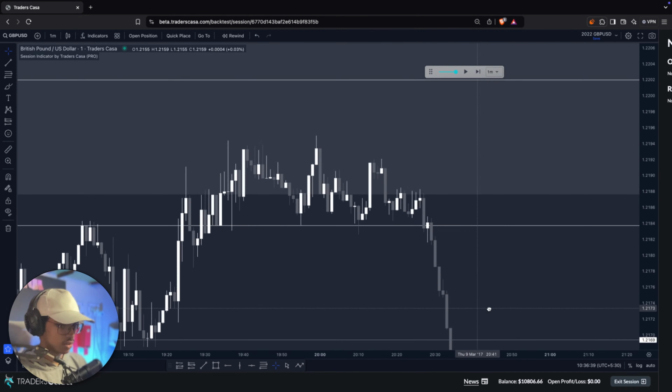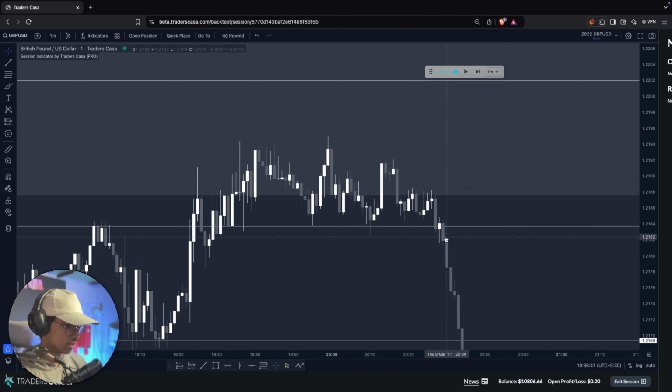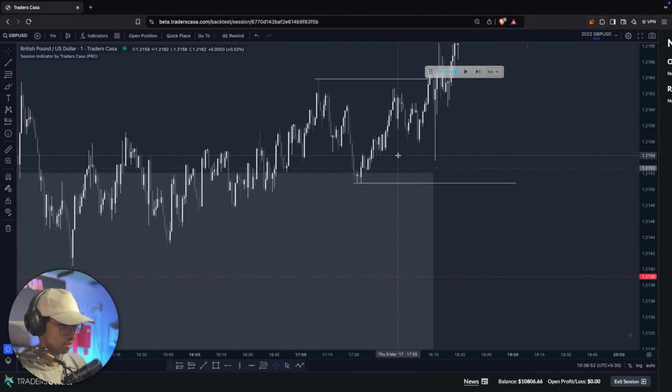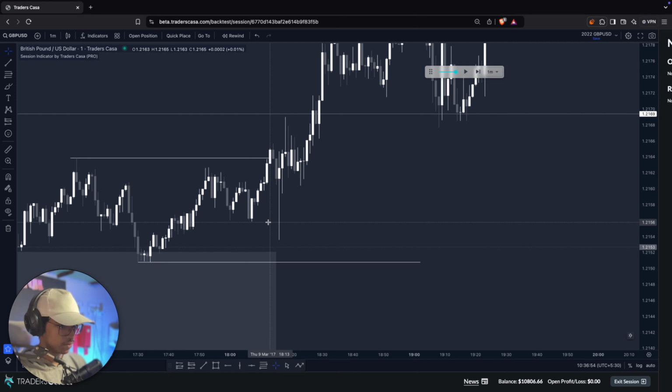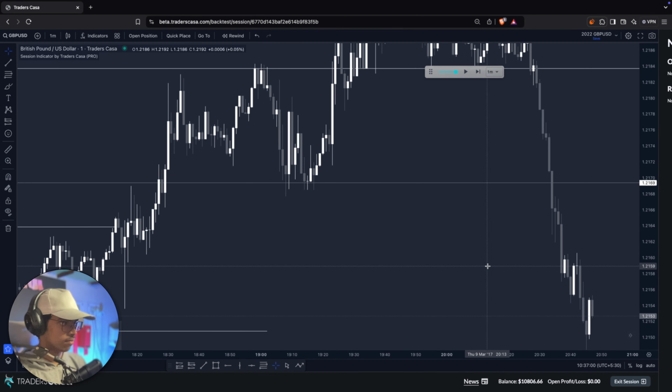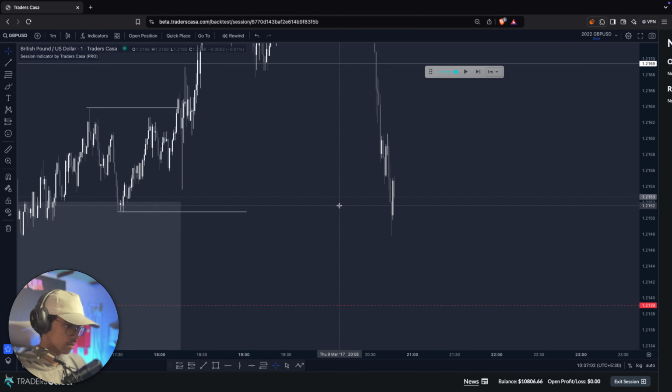Am I missing this? Is there any point of taking this trade? No, because it just directly went down. These are the lows that have been taken. Directly went down. There's no price movement that I could expect from here. Got it. Okay. There's no point I could take this trade.